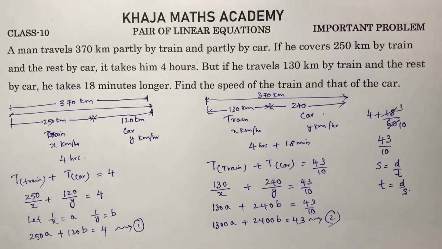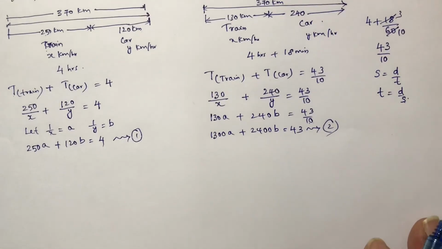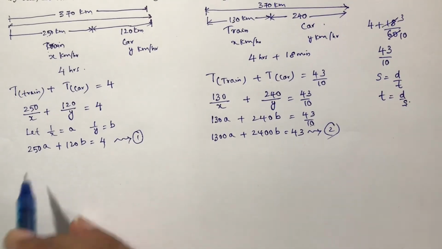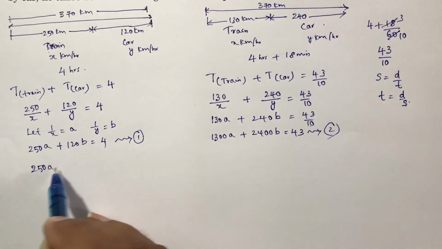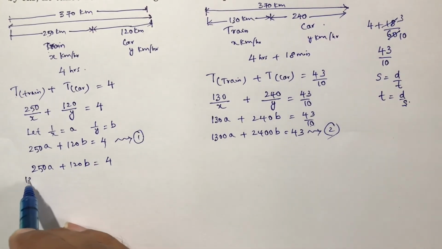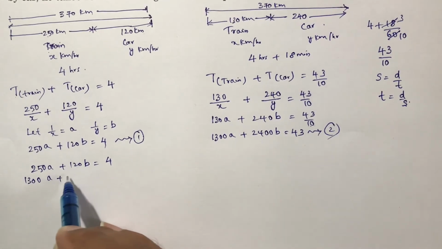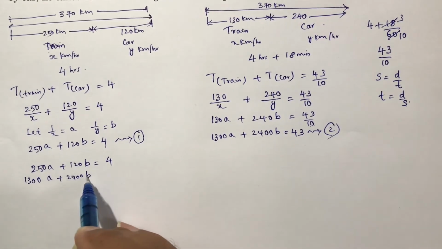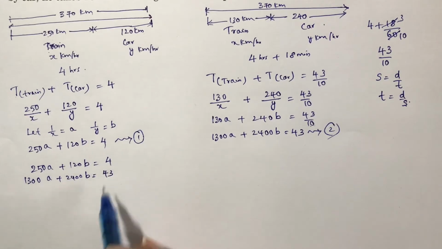Now I will eliminate between these two equations. Now see here, 250a plus 120b is 4, 1300a plus 2400b equals 43.